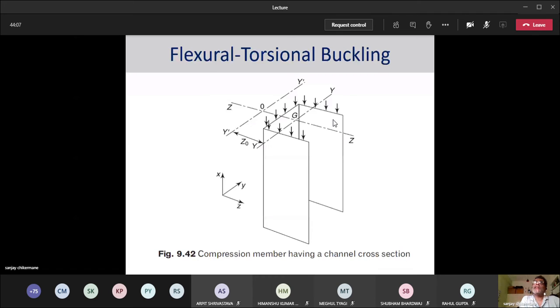In regular buckling, it is the interaction of P, which is the actual force, with Y, which is the lateral displacement caused due to buckling. Similarly, in flexural torsion buckling, it will be T, which is the torsion, with Y, which is the flexural displacement caused because of flexion.